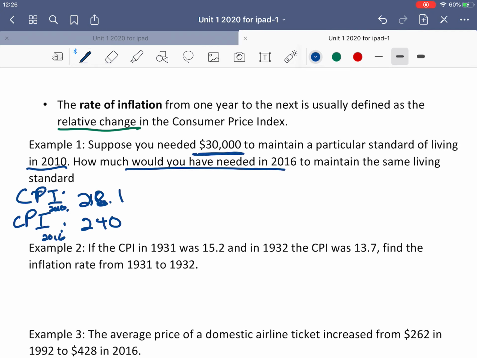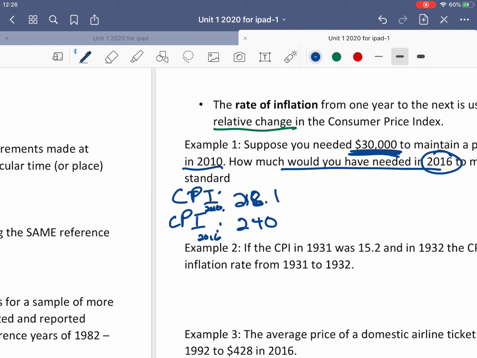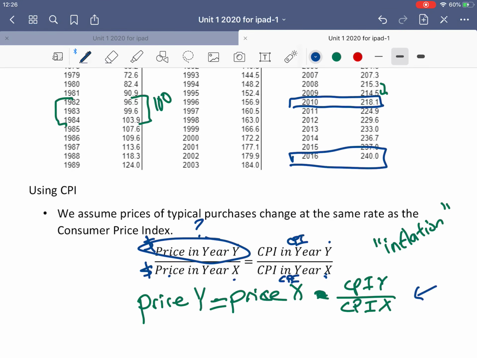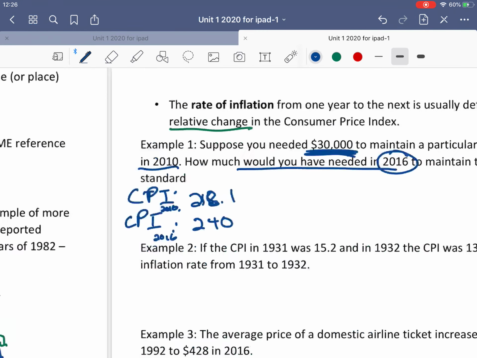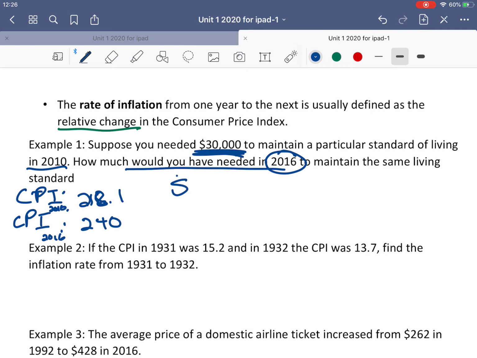So this $30,000 is from the year 2010. And the year we don't have a dollar for is 2016. So I'm going to write that ratio from right here. I'm just going to write it with fewer words because some of you can be a little lazy. So I don't know the dollars for 2016. So there's the price in year X. I do know the dollars for 2010.